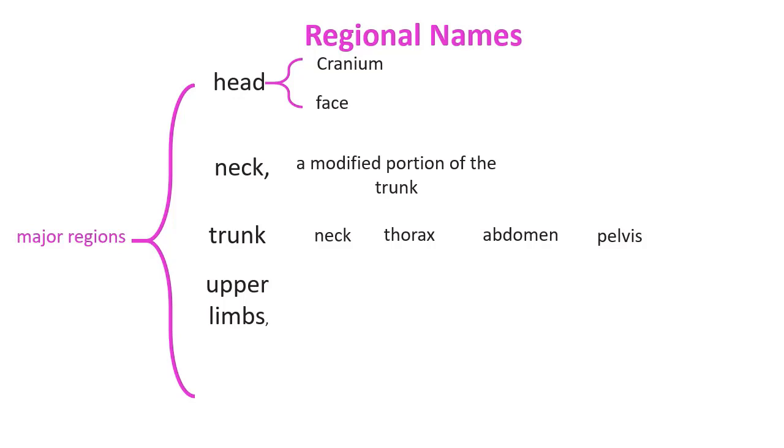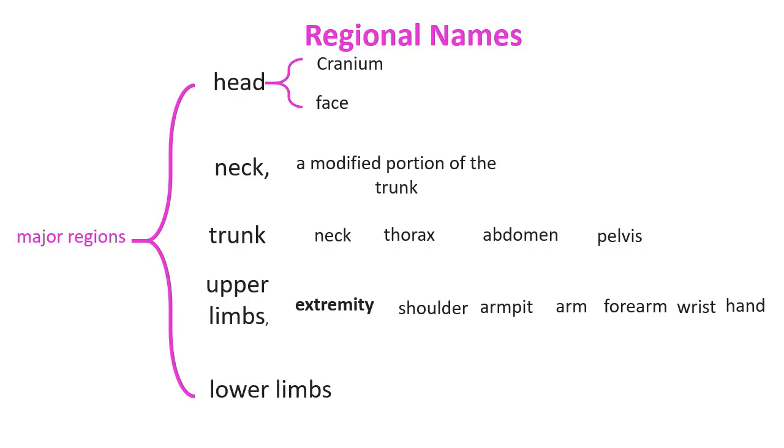The upper limb regions are also called upper extremity, and it includes the shoulder, that is common knowledge, armpit or the axilla, the arm, the forearm, the wrist, and the hand.